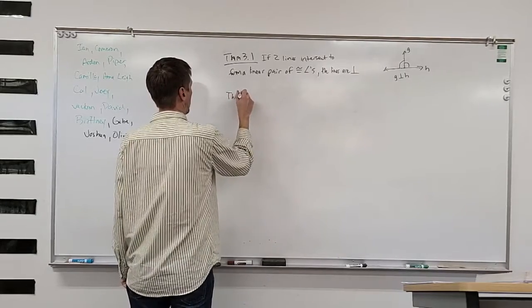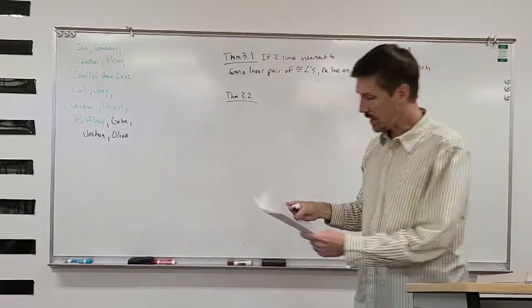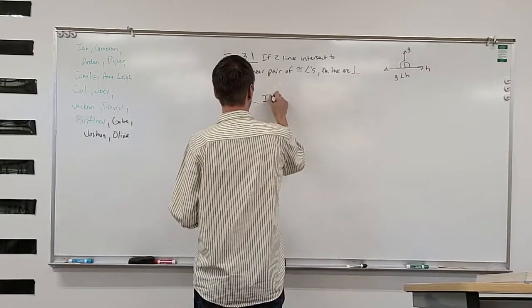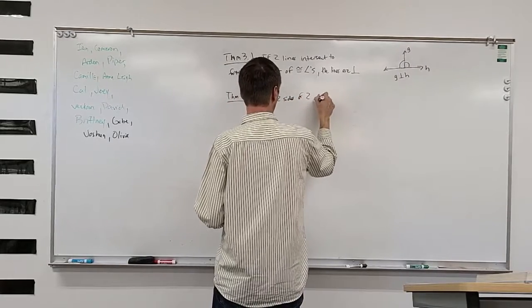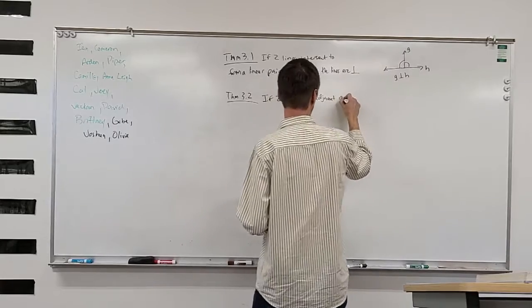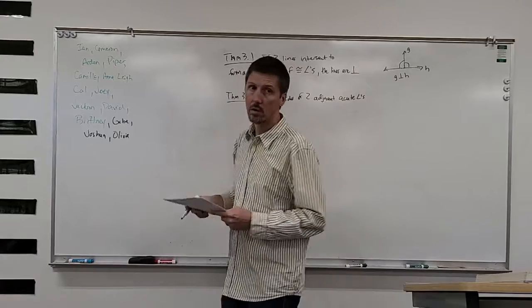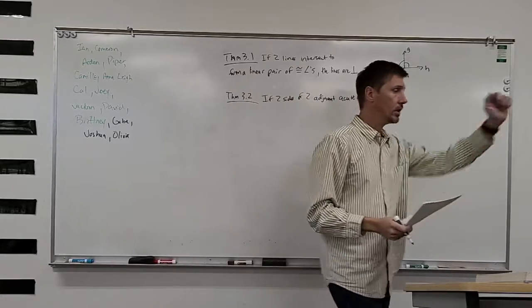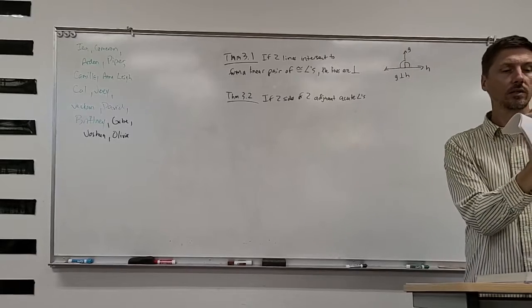All right. Let's move on to theorem 3.2. That says that if two sides of two adjacent acute angles, two things we need to know there. What's an adjacent angle? They're right next to one another.